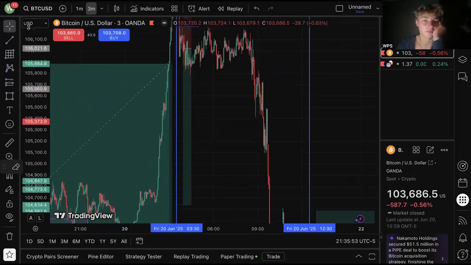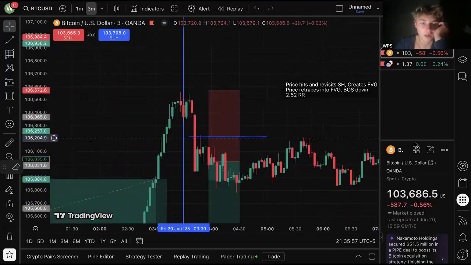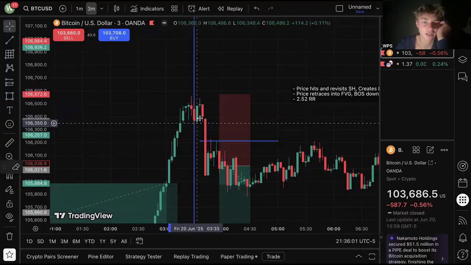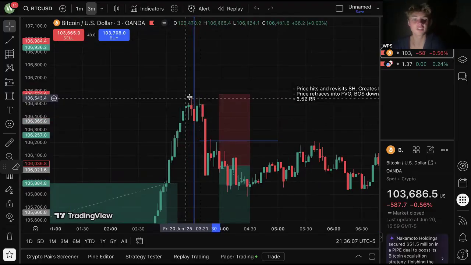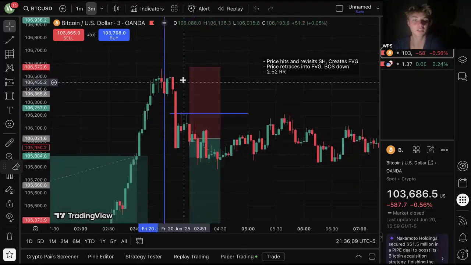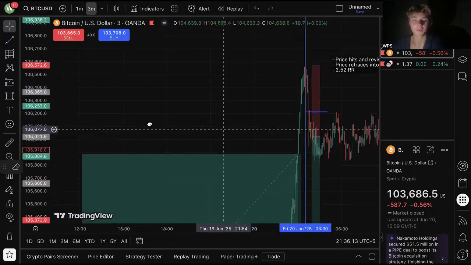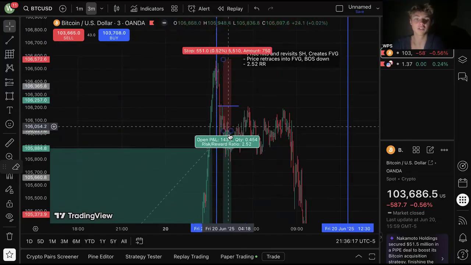Again, this is very similar, or this is a fair value gap version, where price forms one swing high, price comes down, it forms another sort of swing high. I wouldn't really consider that a swing high, but price does kind of revisit this peak. Price makes a sharp bearish candle and retraces into it.